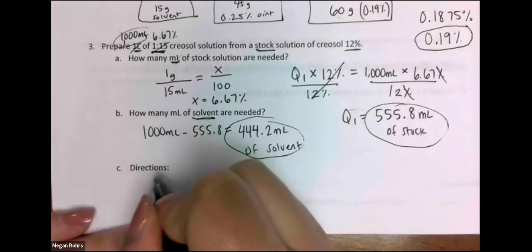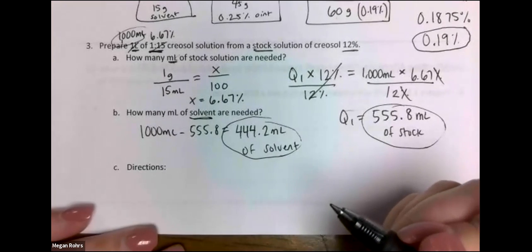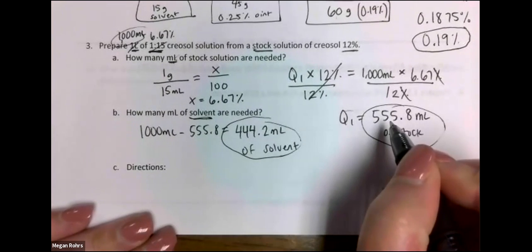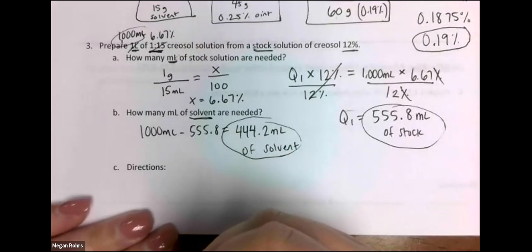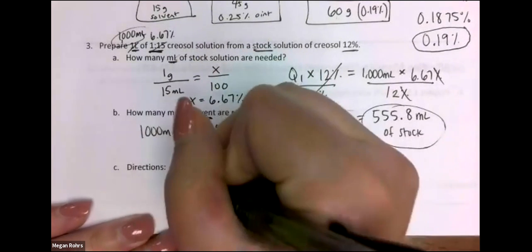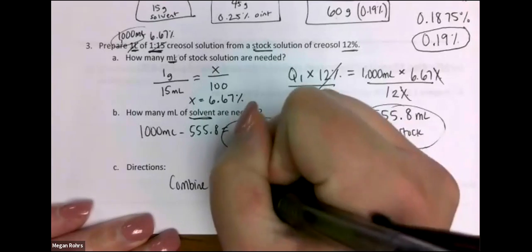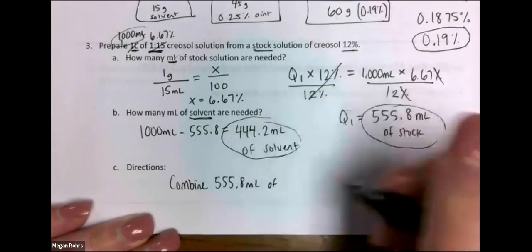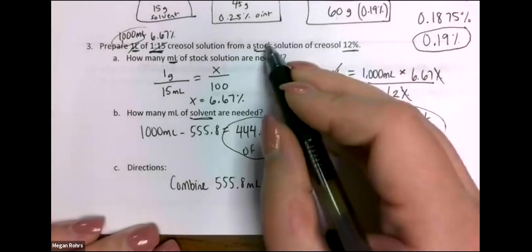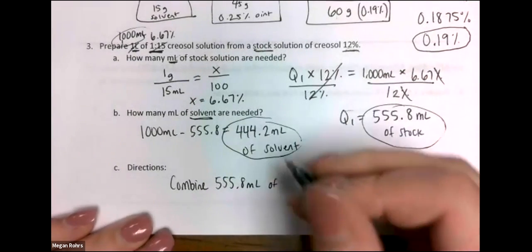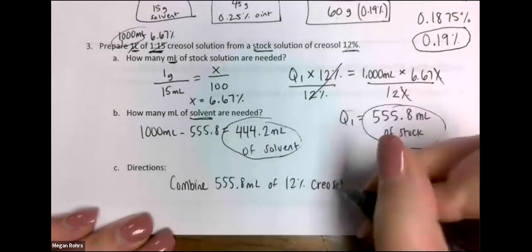Now it's asking us for directions. By directions, they just mean tell somebody how we could make this compound. Well, we know the 2 ingredients and we know what those ingredients make once they're combined. So we're just going to write this in a sentence, okay? So we're going to combine 555.8 mils of our stock, and it's very important that we indicate what the strength of our stock is. So remember, our stock was a 12% cresol solution.